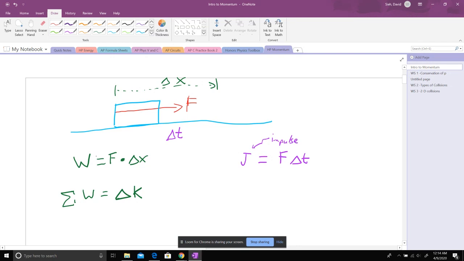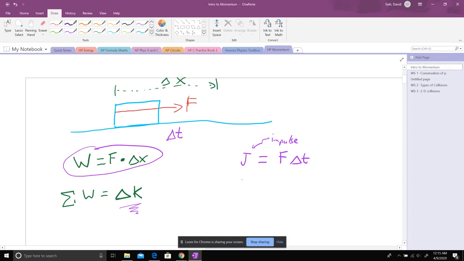When we applied a force through a distance over here, we did work, and that work changed the kinetic energy. Well, now if I do a calculation, same situation, but look at it in terms of force and duration, I'm going to cause an impulse, and that impulse is going to change something different.